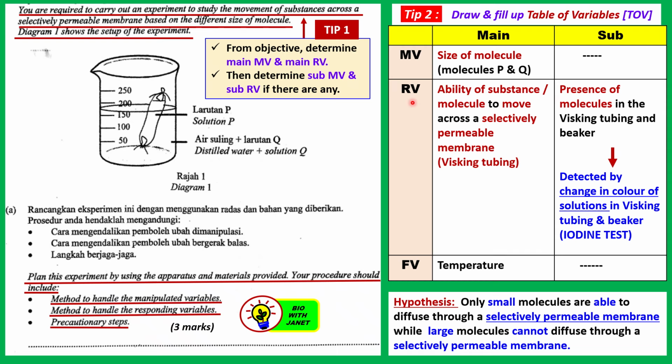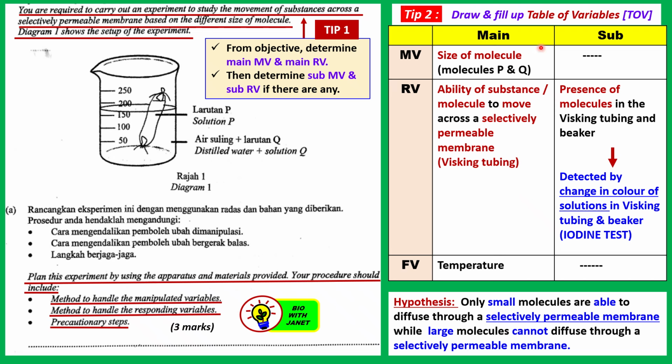Now, how about RV? To study the movement of substances across the Visking tubing, the RV is to determine whether the molecule can move through or cannot move through the Visking tubing. So RV is the ability of the substance or the molecule P and Q to move across a selectively permeable membrane, which is your Visking tubing.